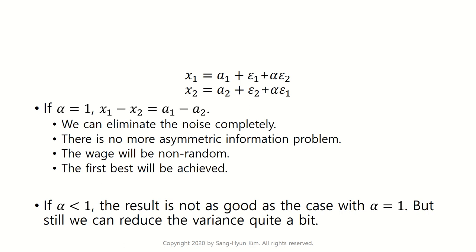So in equilibrium, one player has no incentive to deviate from the optimal. What does that mean? Let's say A2 is given by A2 star, the equilibrium effort level.